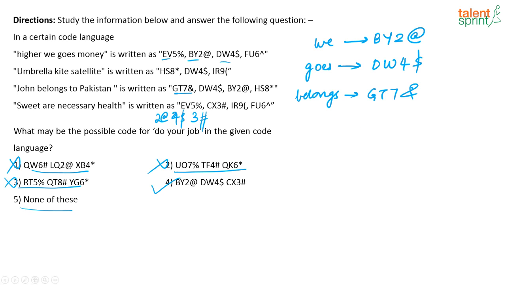So basically one thing that I can observe here is 2 is coming here, and what are the letters here? B and Y. Can you think of any relationship between BY, GT or DW, right?